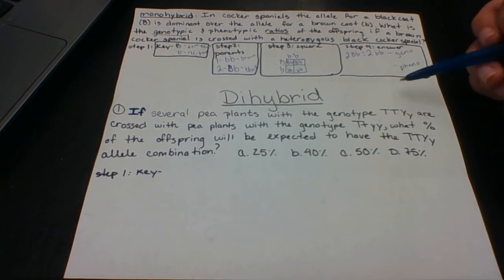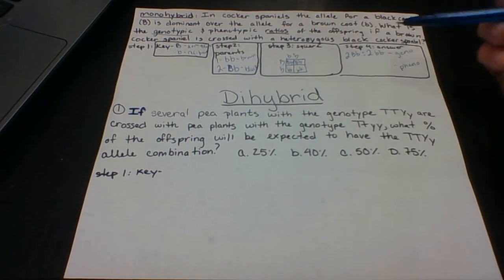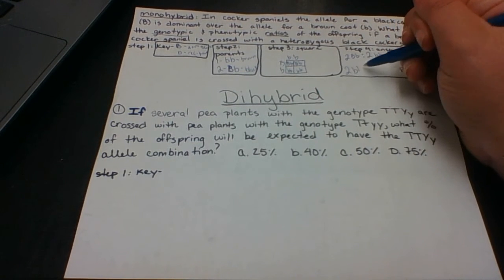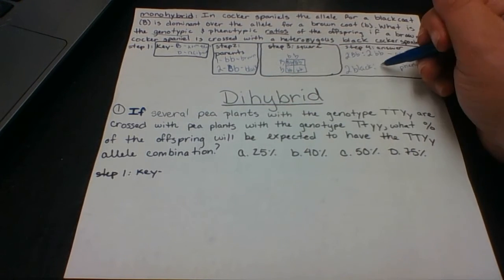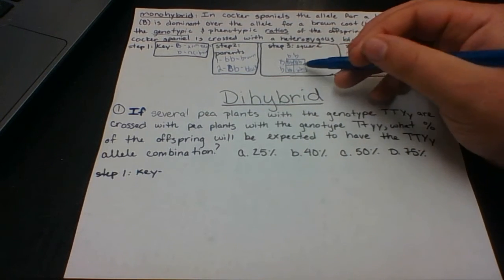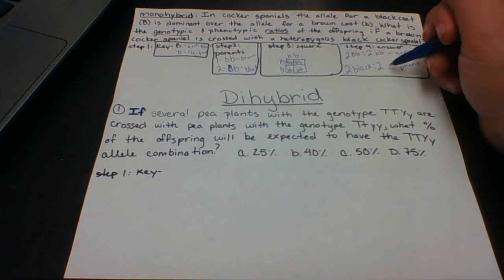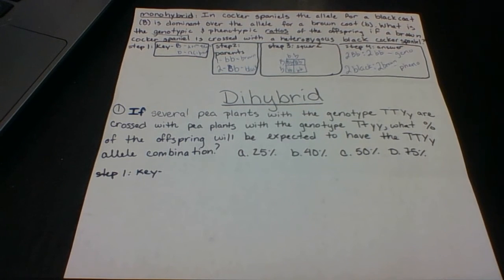Sometimes it's the same, sometimes it's different. Big B represents black. So it would be 2 black coats, dot, dot, to 2 brown coats. Recessive is brown. This one's brown. So that's the answer for the first one.